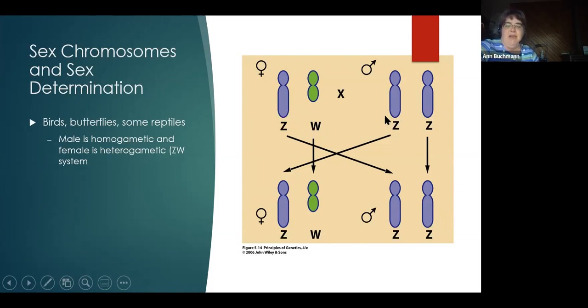In this case, the male has the two similar chromosomes, equivalent to the X and the X, but now it's Z and Z. And it's the female egg that determines which sex the embryo and the future bird or other organism will be. So if the female puts in a Z chromosome, that new organism will be a female. If she puts in a W chromosome, that new organism will be a male.